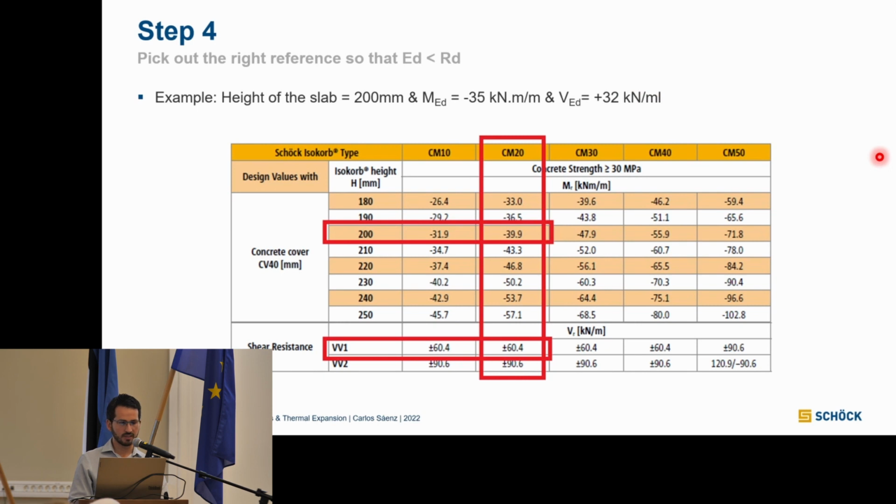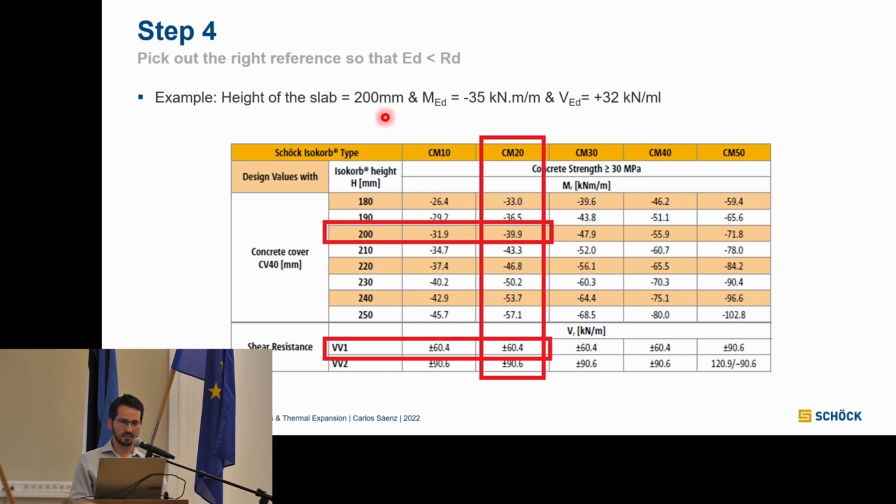And after we do the design properly, we can now select the right product for that. So again, we do this design for you. This is just to show the procedure and how to do it manually, because here, this is a typical table you can find in the technical manual. For example, we have here an example to see how it works.